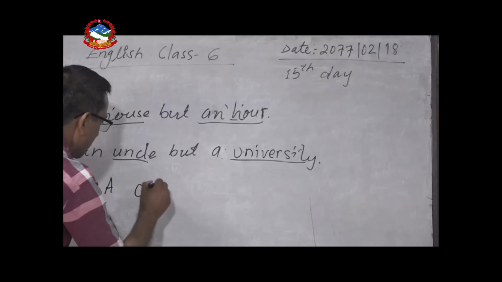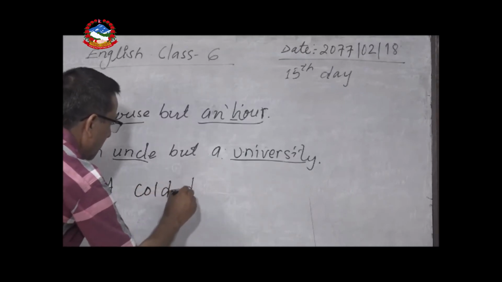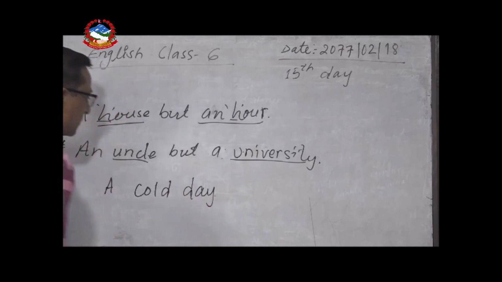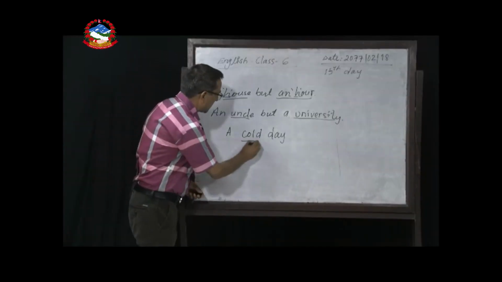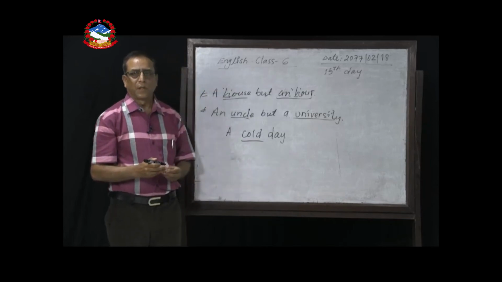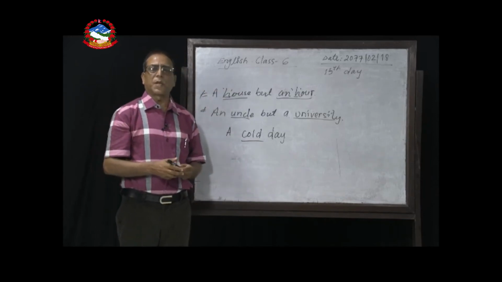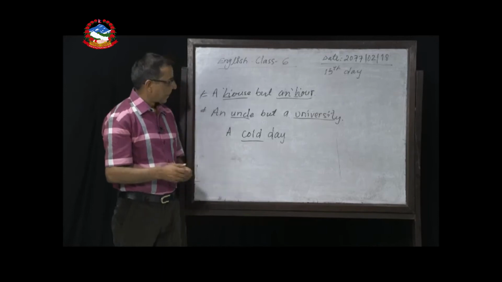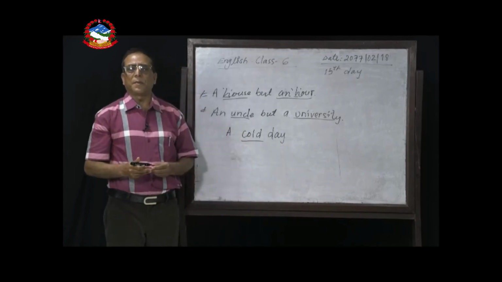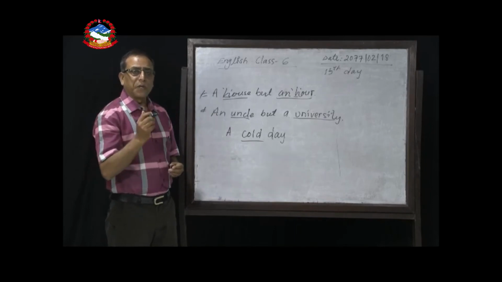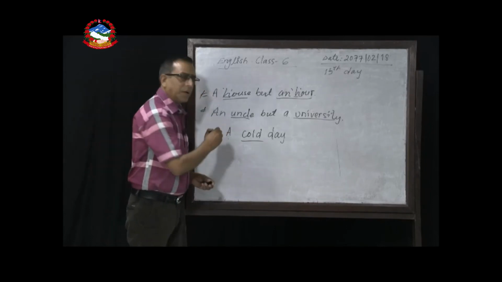Let's see the blackboard. A cold day. Listen here. Cold is an adjective. What type of day? Cold day. Cold is the positive degree of the adjective, and before cold we use a article here.